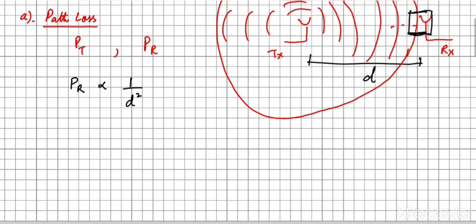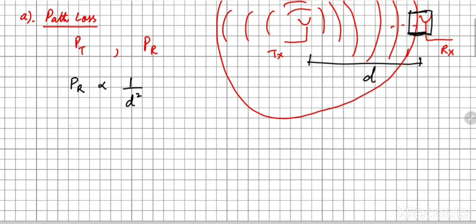If the size of the receive antenna is fixed, the section of the sphere that is comparable to the size of the receive antenna will be proportional to 1 by d square. That is the main intuition behind this proportionality. So the received power is inversely proportional to the square of the distance. This is the first relationship.